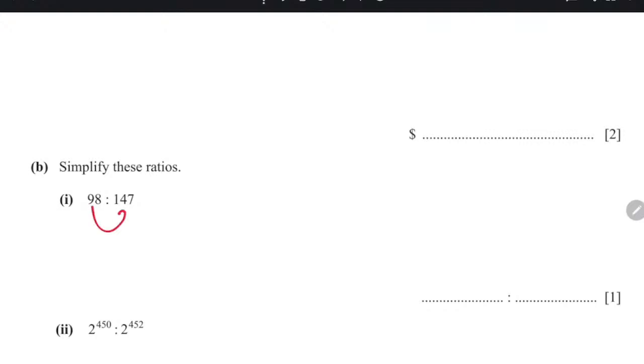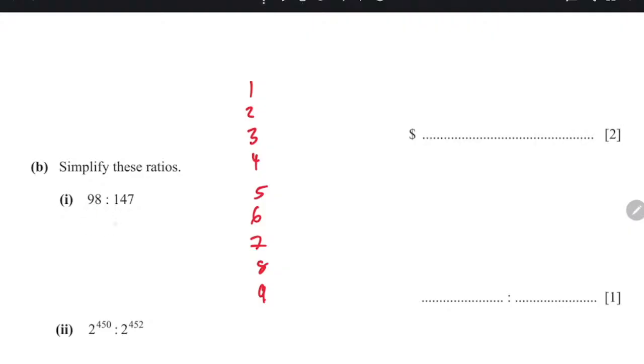Can 98 go into 147? Try to find a number which goes. You write 1, 2, 3, 4, 5, 6, 7, 8, and 9. What is 4 into 98? Okay, so that is impossible. What is 3? 3 can go into them, right?